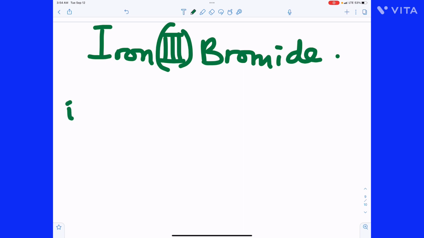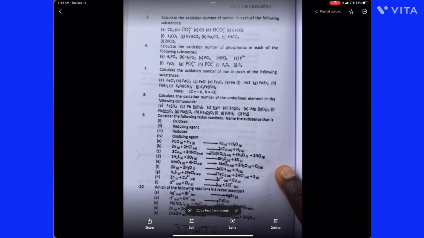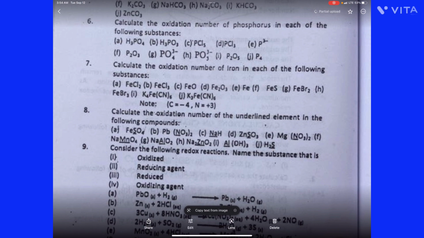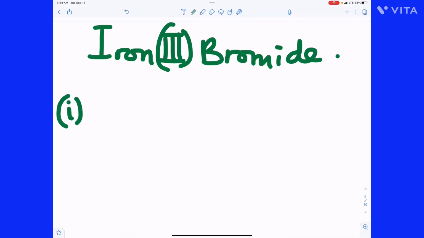In question I, we have to find the oxidation number of iron in K4FeCN6.